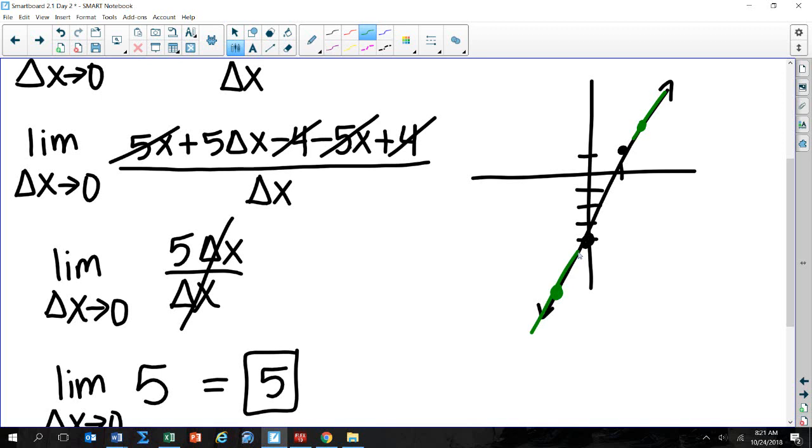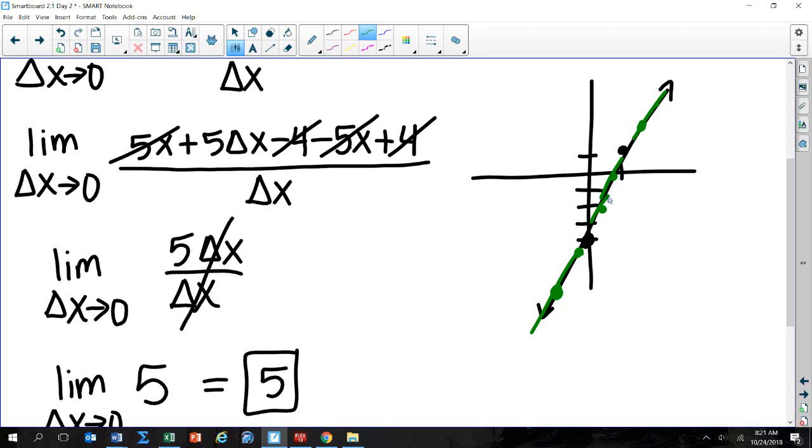See how for a line, it doesn't really matter what point you pick on the line. The instantaneous rate of change at any one of those points is going to be 5. Okay? That works for all lines. Anytime you have a linear equation, the slope of the tangent line is always going to be the same as the slope of the whole line.